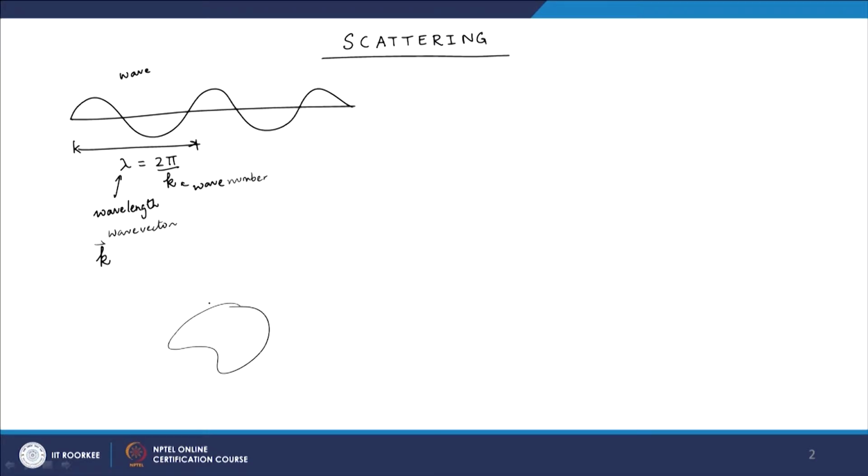And essentially what we do in any scattering experiment is, let us say we have a sample. Let me highlight the sample with some color to show where the light is going, and let us say we send a light with a certain wave vector.